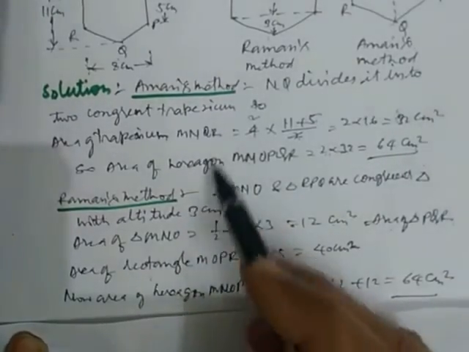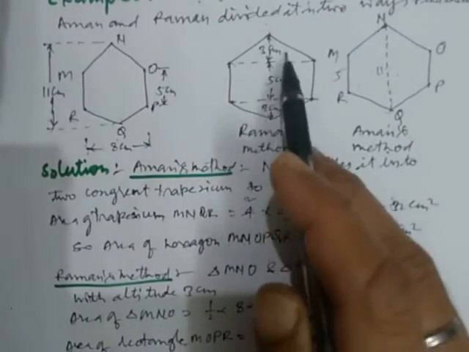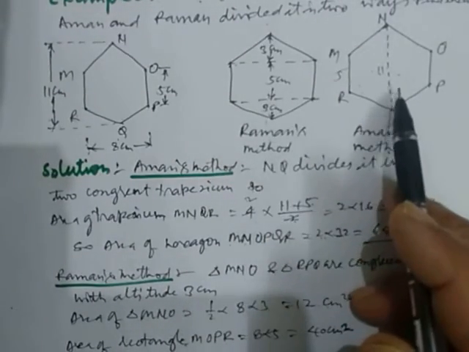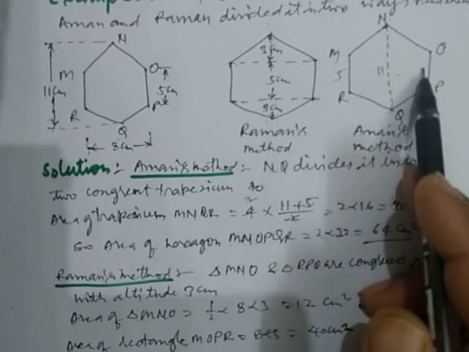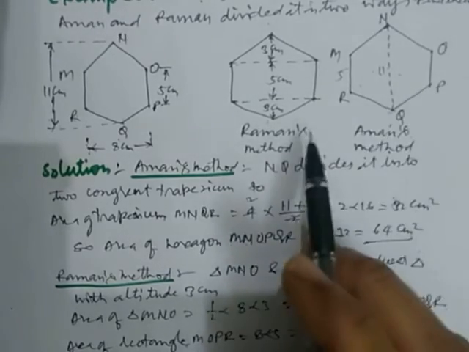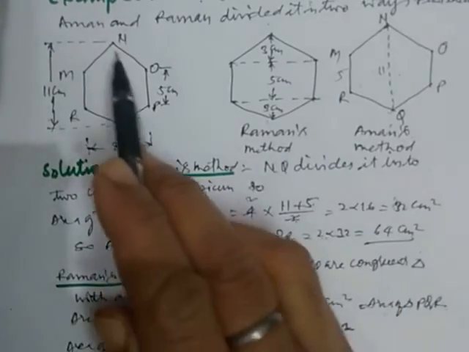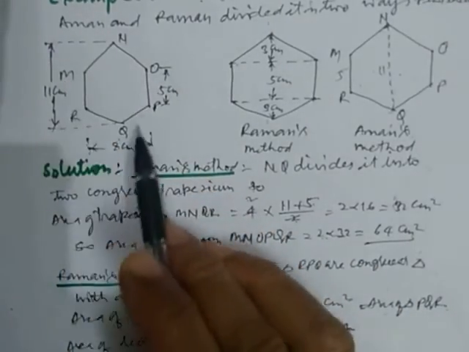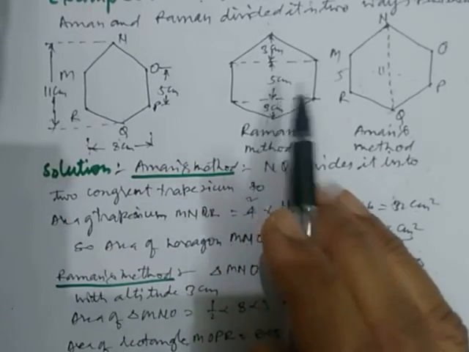But these two methods are different. In this we break it into different figures, and in this we break it into just two figures which are trapezium. So we can break it in many ways, but the suitable way is the one in which we know the given measurements, according to which we have to divide it.